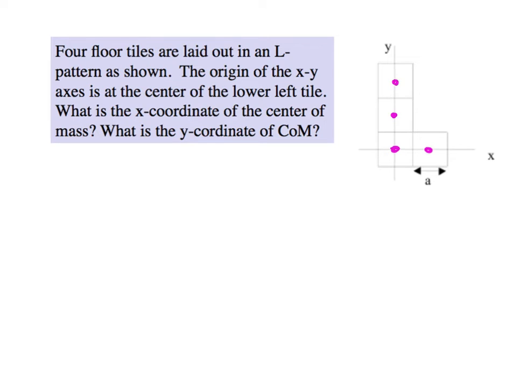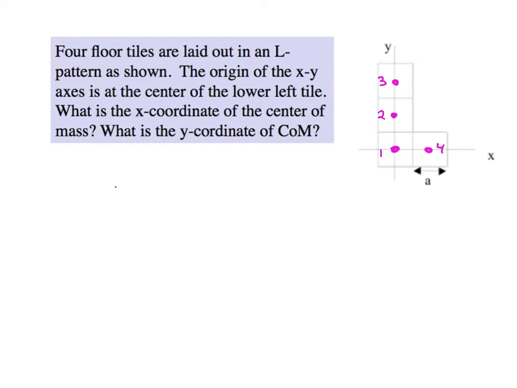Now the problem is equivalent to finding the center of mass of a collection of 4 identical masses located at the locations indicated by the purple dots. So where would that center of mass be? Let's just follow our formula. We'll call this dot number 1, dot number 2, dot number 3, and dot number 4.